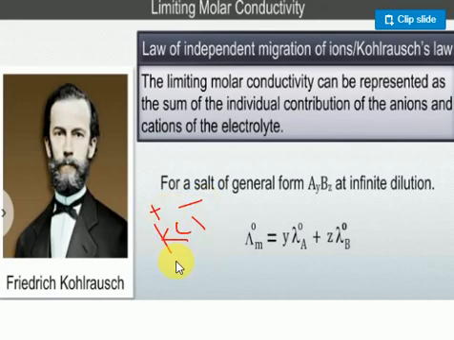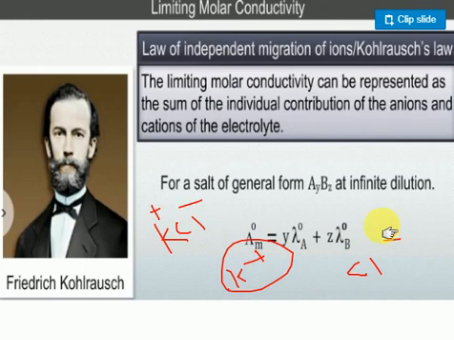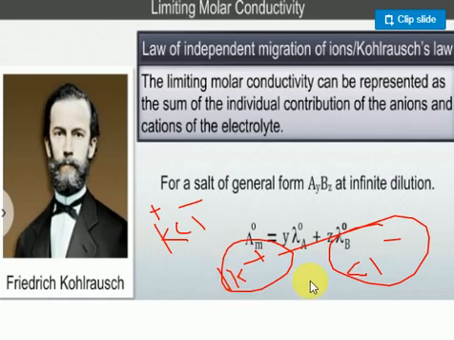If I go for dilution, what happens here? K plus ions and Cl minus ions move away from each other. There is a long distance, so they never attract or repel each other. So the conductance depends upon each individual ion. That's nothing but Kohlrausch law. If the y and z values are coefficients, here it is 1 only.